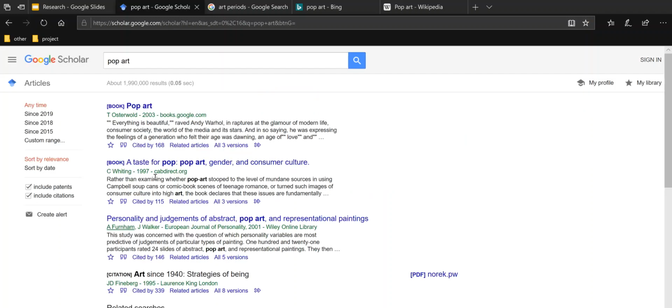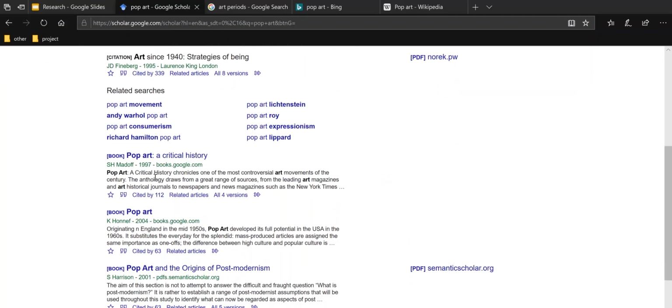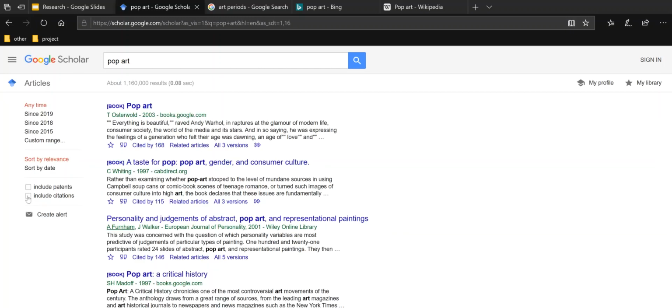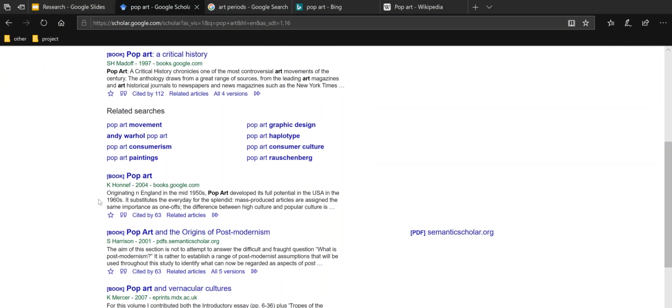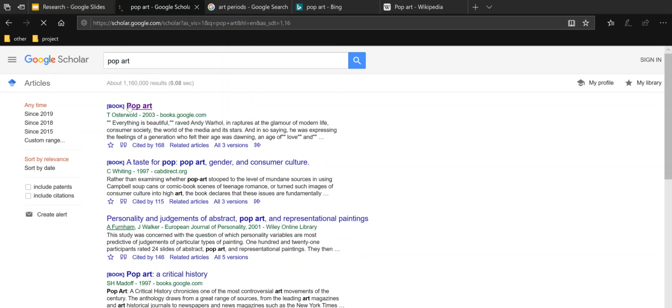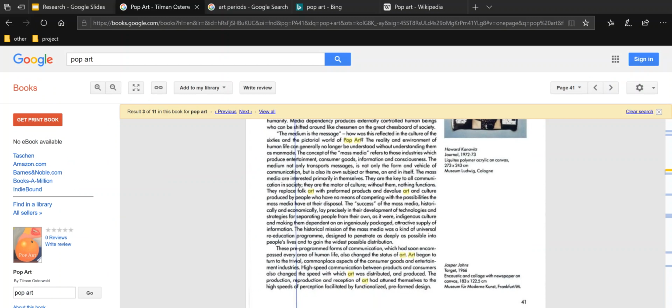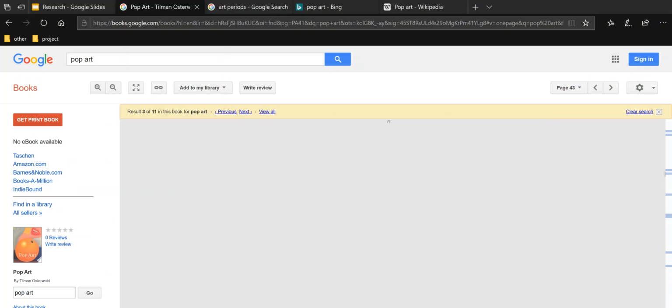All right, so this gives us a wide range of books and citations. For our purposes, I don't really need patents or citations, but it'll give us a bunch of different types of sources. So this has a book. You might want to use a portion of this for your research.